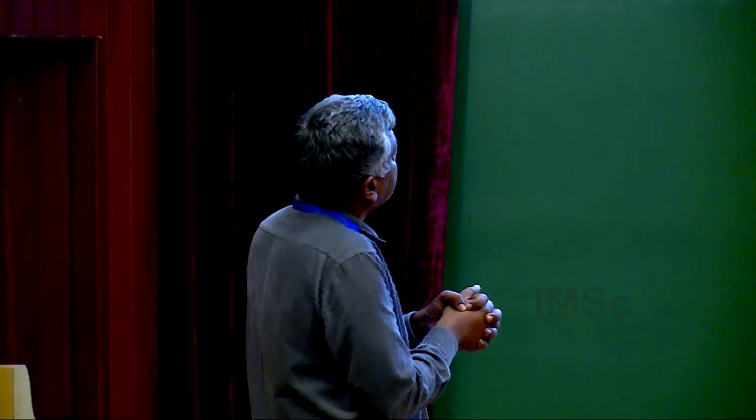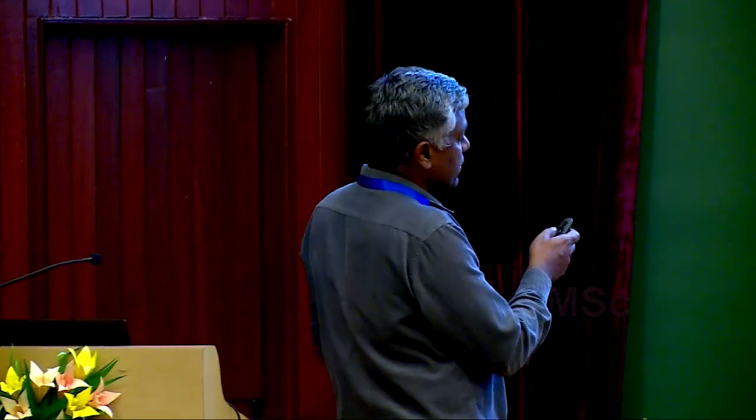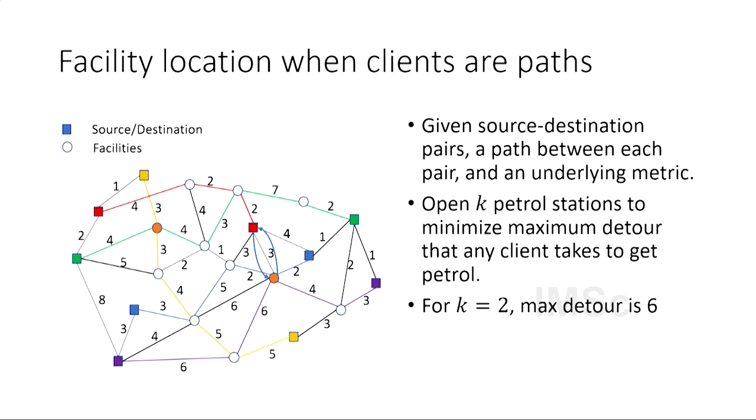Right. So if we were to open these petrol stations at these two places, the orange blobs, then note that the yellow path would not have to take any detour. The green path would not have to take any detour. The blue will not have to take any detour either.